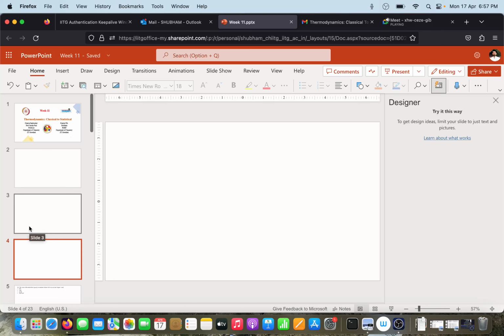The formula is nCV ln T2 by T1 plus nR ln V2 by V1, and V2 by V1 is equal to 1, so this is 0. This reduces to nCV ln T2 by T1. The number of moles is 1, and CV of water is 75.31 joule per Kelvin per mole, times ln of T2 by T1.